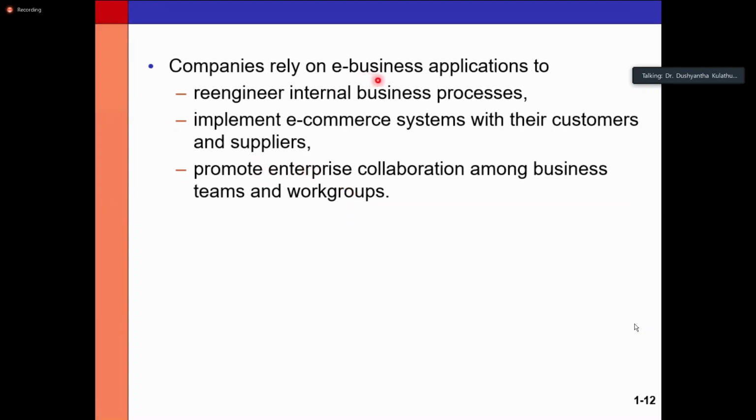There can be certain e-business applications, such as collaboration systems, which will facilitate the collaboration between members in a particular group or team. So those are some of the reasons why organizations may introduce e-business applications into their organization.